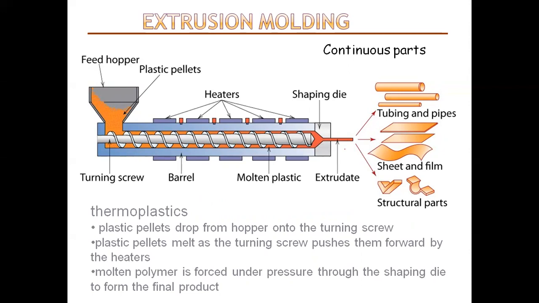As we know, pipes or tubes are continuous, there is no break. So continuous pipe is manufactured, and after that they cut it into pieces of standard length. Those pipes can be manufactured by using extrusion molding.